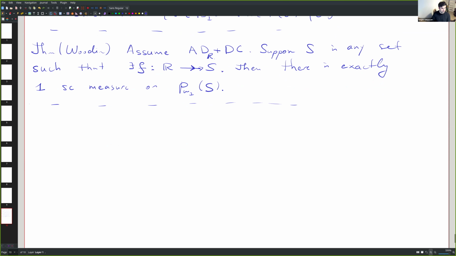Fix an S, as in the theorem, and pick a subset of omega 1 of S, and also phi, which maps the reals, a surjection.